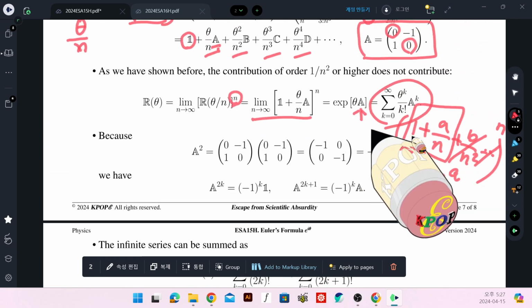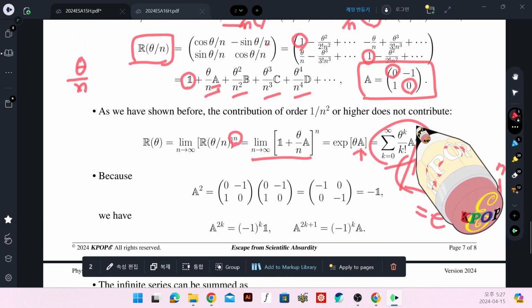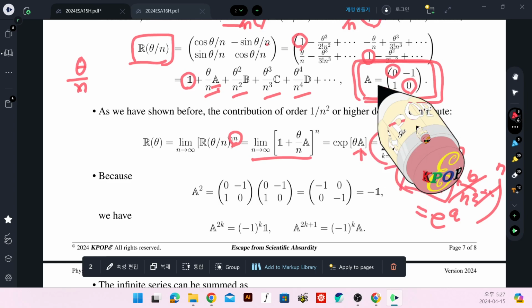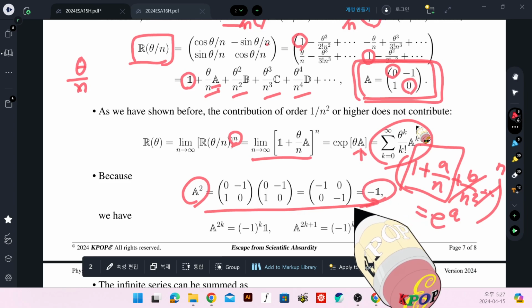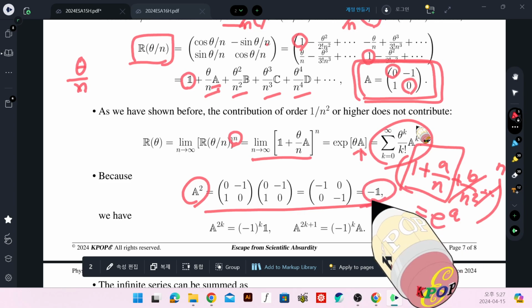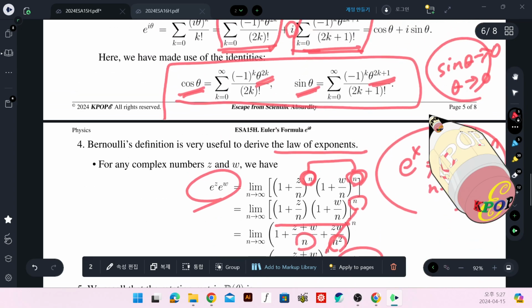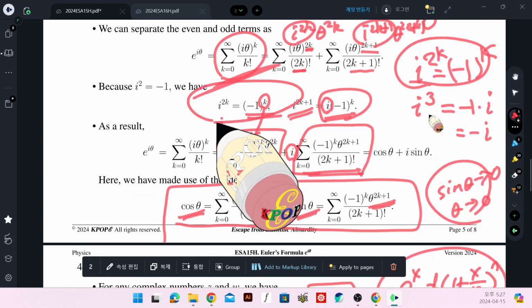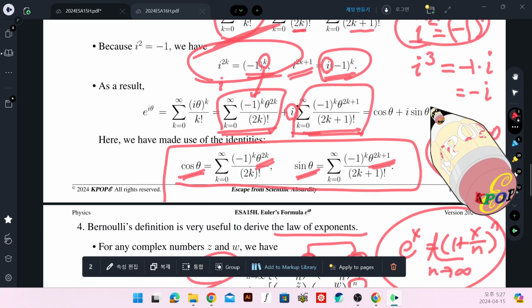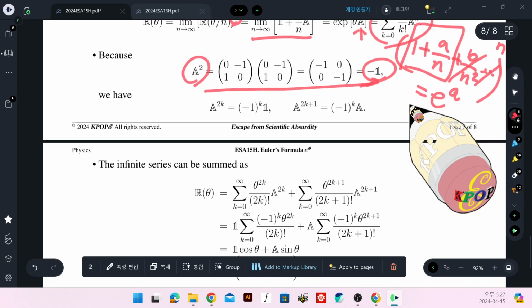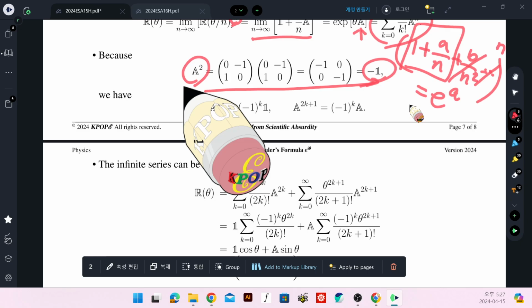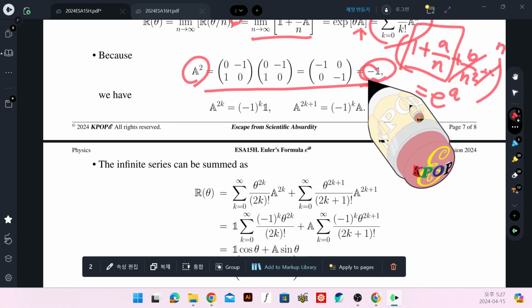All right. By the way, we can make use of this matrix A. Why don't we square this? The final result is identical to the identity, except that we have a negative sign on it. Just like what we have done with the pure imaginary number i, if I square this, I have a negative sign. This matrix has a very special property that if I square it, it is identical to the identity except for the negative sign.